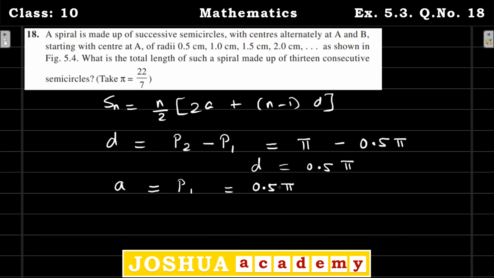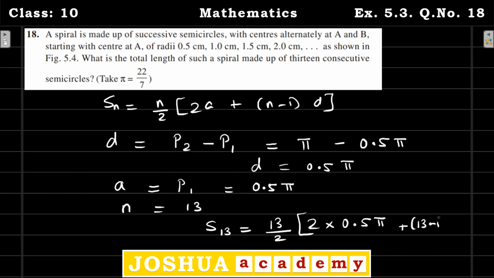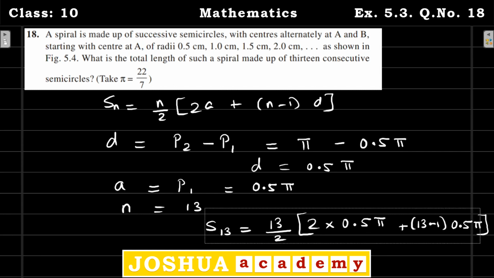Now I apply all the values in the formula, n equal to 13. So S13 is equal to 13 upon 2 times 2 into 0.5 pi plus 13 minus 1 times d, which is 0.5 pi. I am taking this to the next page and substituting there.